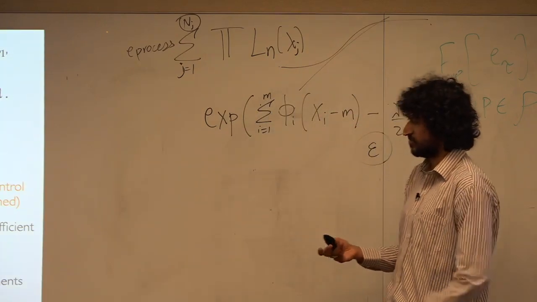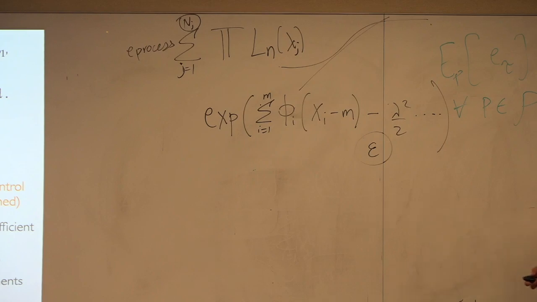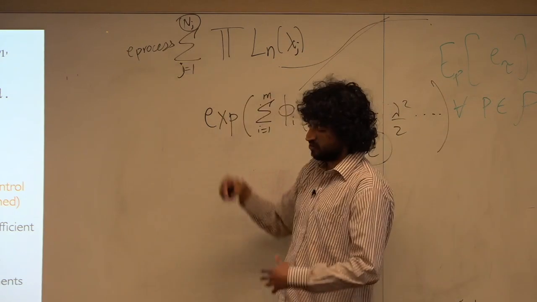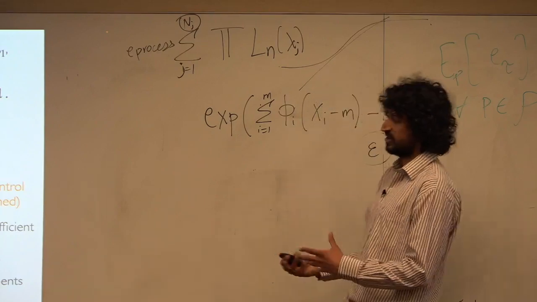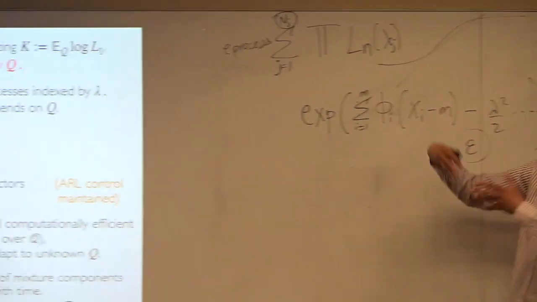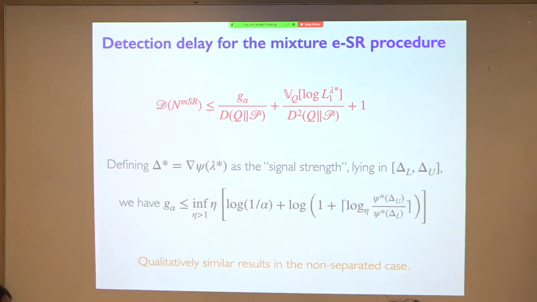The idea is that you can get optimal detection delays even when the number of mixture components that you're tracking only grows logarithmically with time. So at time step 10 you might only have 1 or 2 mixtures, at time step 100 maybe 3 or 4 mixtures, something of that kind.